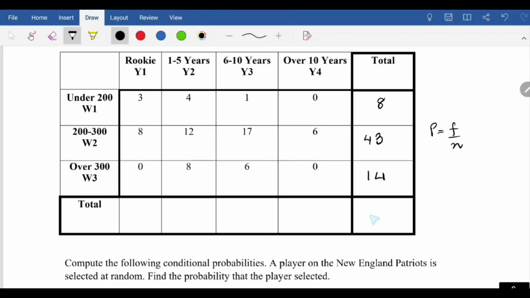And when we sum it up, we have 65. And then for the different years, rookie, 8 plus 3, 11, 12 plus 4 plus 8 is 24, then 24 again, and then finally we have a 6. So the column total and the row total must all add up to the same value, 65, all right?